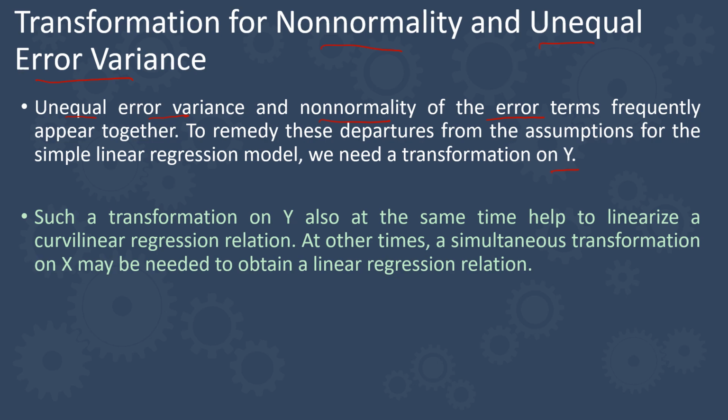The transformation on y can help to linearize a curvilinear regression relation. But in certain cases, we can conduct a simultaneous transformation, meaning that we perform a transformation on x and also on y, on the independent and dependent variable simultaneously, to obtain a linear regression relation.